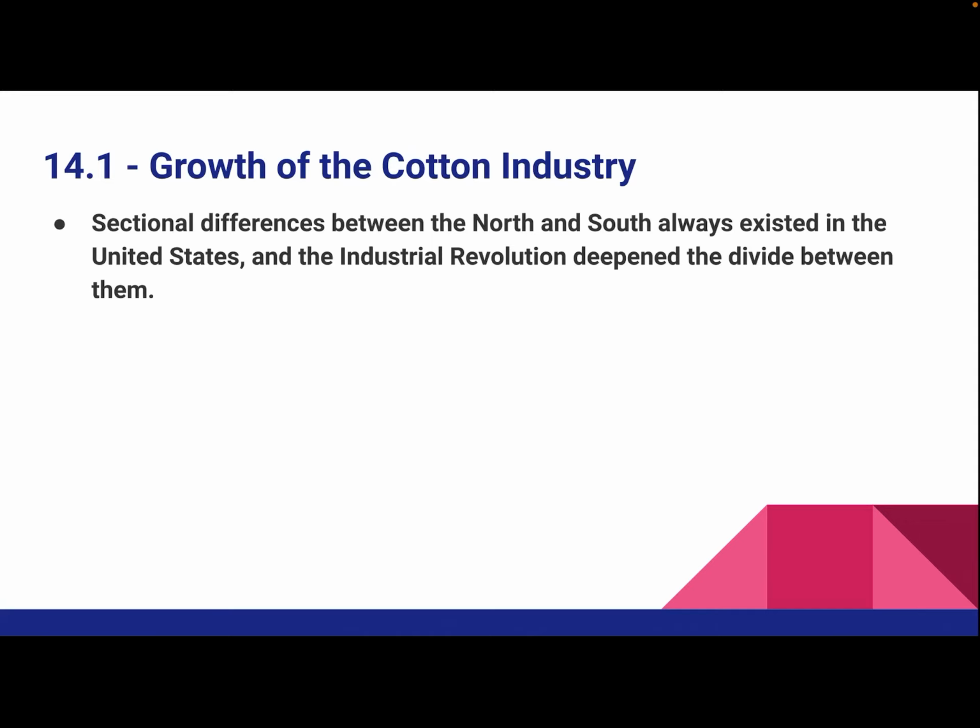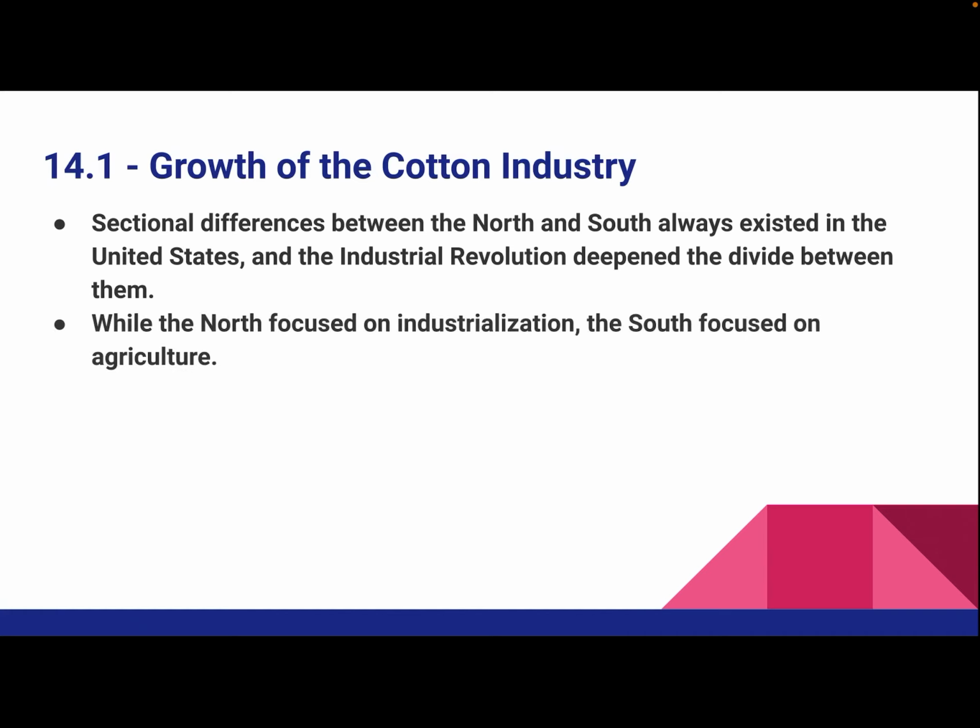But with the Industrial Revolution, it heightened that for the North. The South didn't have any of the factories and businesses like that, so the South started to focus more on producing agriculture and farming.